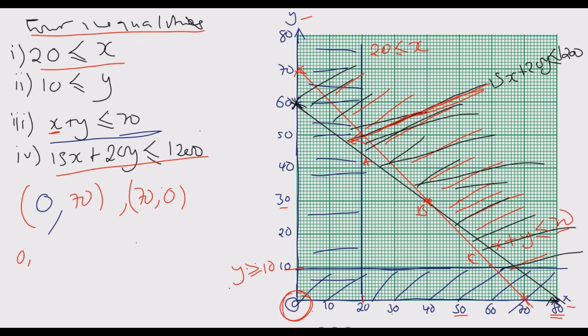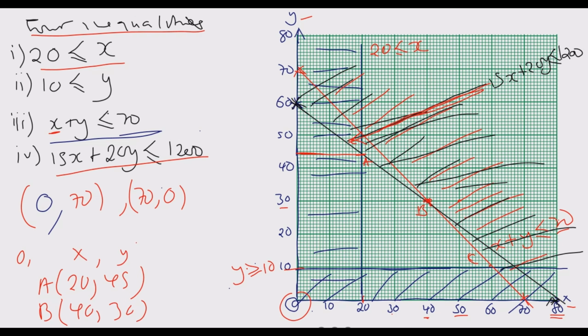So what we do is look at this point. So what is point A? Point A is basically 20, 45, since at this point it is halfway between 40 and 50. Then we look at B. B at this point is 40, 30. Remember, this is the value of x and this is the value of y.